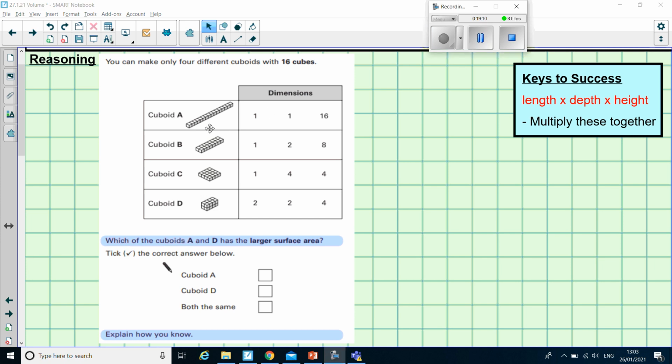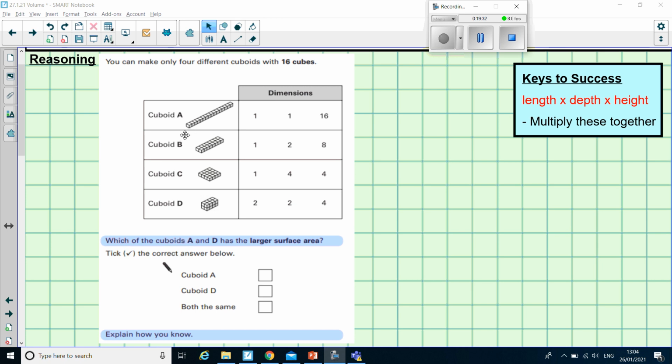Okay, Year 6, if I was doing this, I would start to think about how many squares I can see on each one. So on A, along the top, I know there's 16 cubes there, and I could see the square face of all 16 of those cubes. So I could see 16 squares along the top. I could see 16 squares along the side.